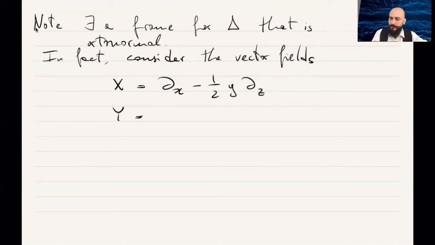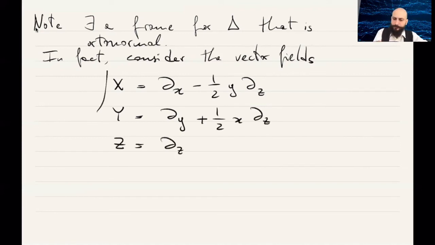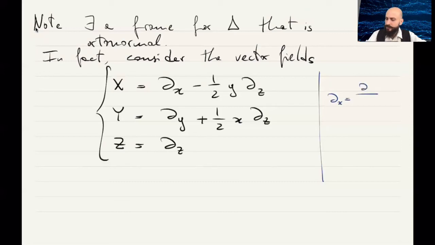Y is dy plus 1/2 x dz. Let's consider Z also equal dz. I hope the notation is clear that dx as a vector field is denoted like this. Okay, it's just a notation.